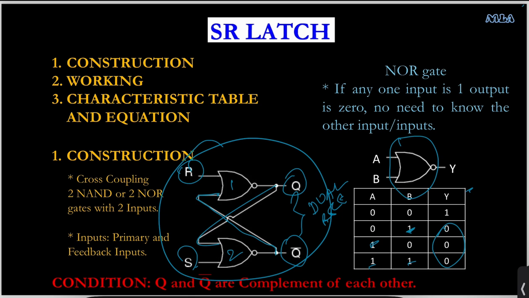The output of a NOR gate is going to be definitely 0. In case one of the inputs is 0, we must wait for the other input to be defined. Only then will we be able to determine the output. This is an important basis which we need in order to understand the working mechanism of an SR latch constructed using NOR gates.